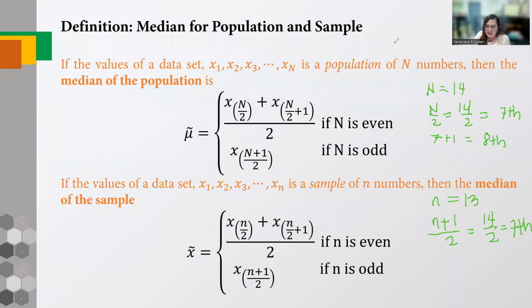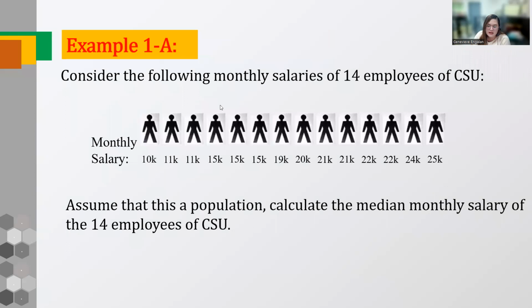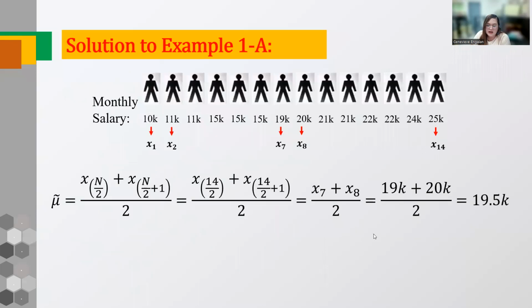We have the monthly salaries of 14 employees of CSU, from x sub 1 up to x sub 14. Do not forget to arrange them in ascending or descending order, from smallest to largest. Here, n is 14, so we use x sub (14 over 2) plus x sub (14 over 2 plus 1), all over 2.